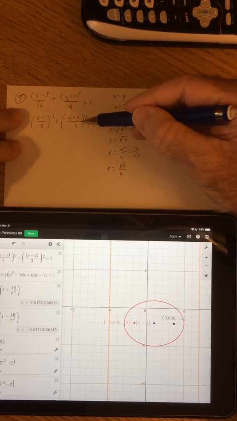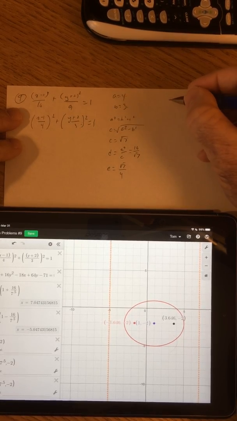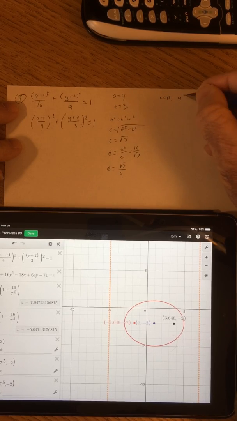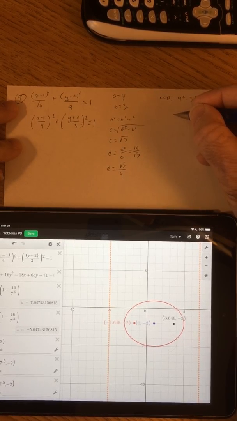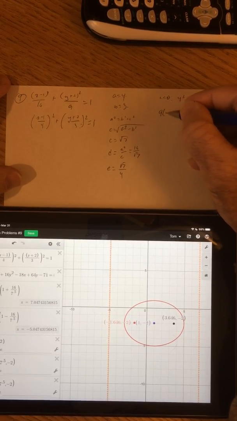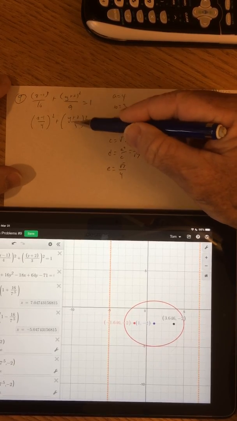All right, well, we have this in center and radius form right now. We can get general form by noting the LCD is 4 squared times 3 squared. Multiply through by the LCD. The 4 squareds reduce. I get 9 times (x squared minus 2x plus 1). The 3 squareds reduce.